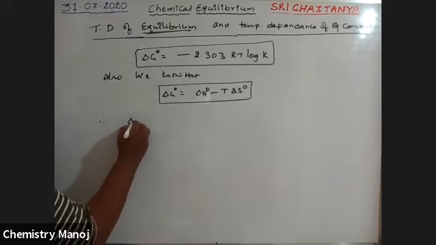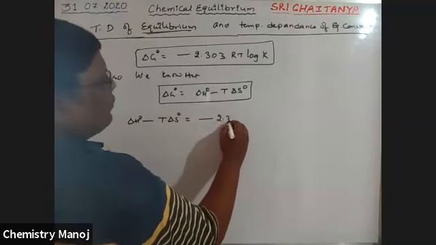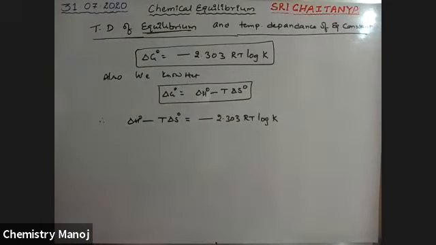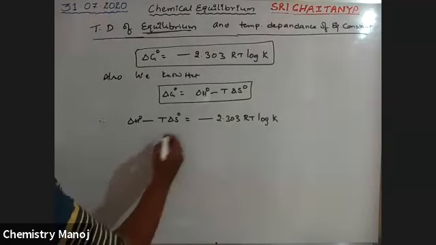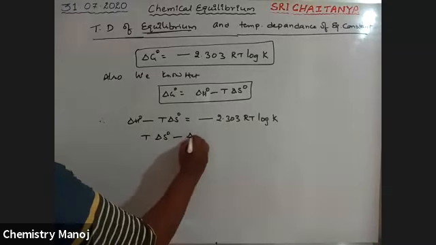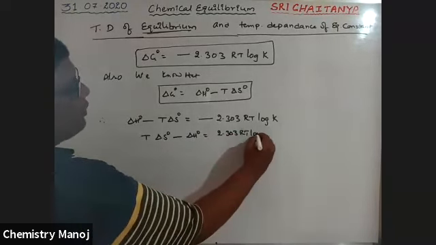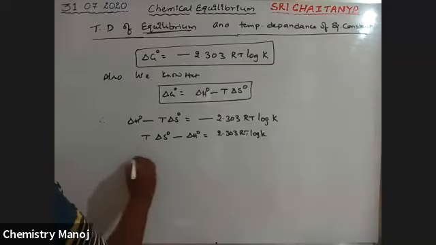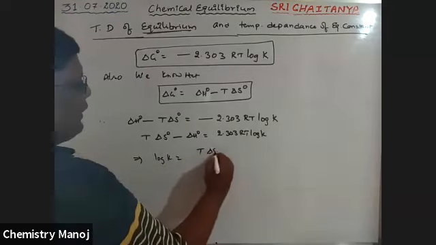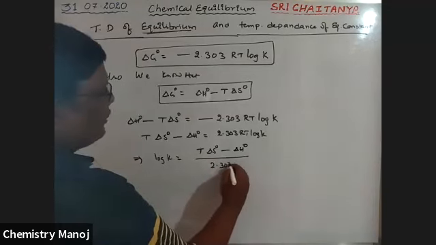Therefore delta H naught minus T delta S naught is equal to minus 2.303 RT log K. Multiplying with the negative, T delta S naught minus delta H naught is equal to 2.303 RT log K. That implies log K is equal to T delta S naught minus delta H naught by 2.303 RT.